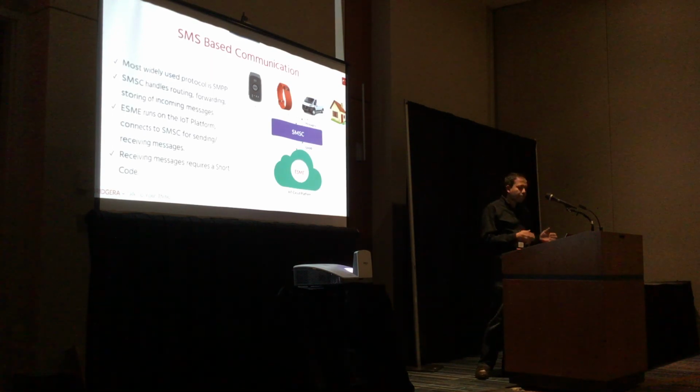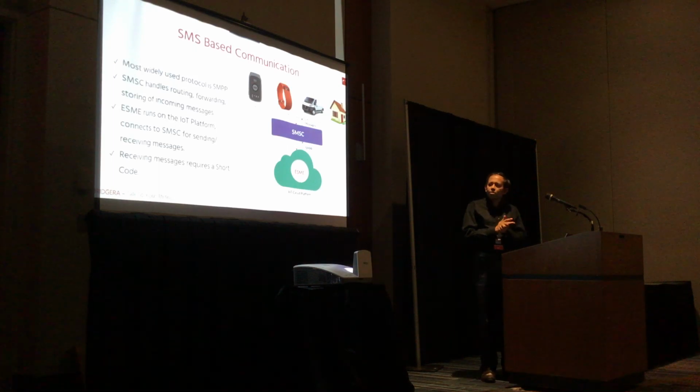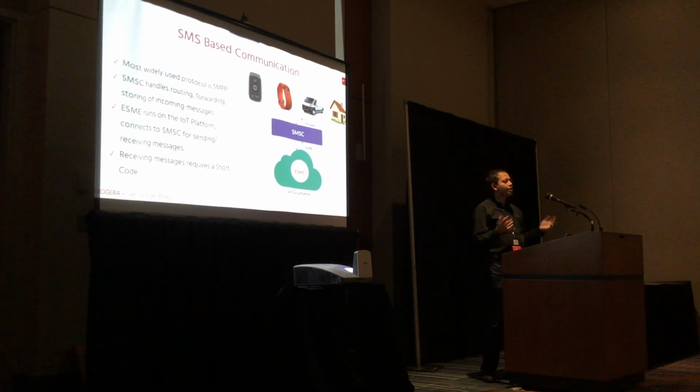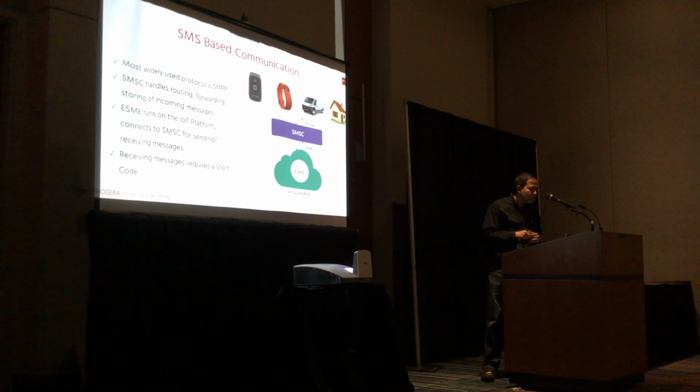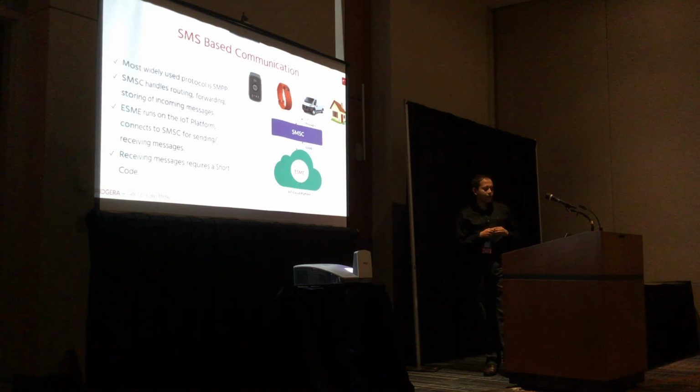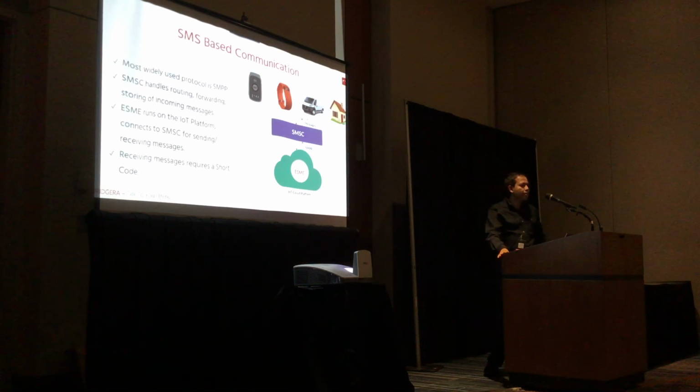For SMS-based communication, people generally don't use a commercially available SMS sending platform. There is some unreliability in it, because many times the characters that we send for IoT communication are treated as garbage by the cellular network, and they will put the messages into spam and the device will never get them. So the best way to achieve good SMS-based communication is to use the SMPP protocol, Short Message Peer-to-Peer protocol.